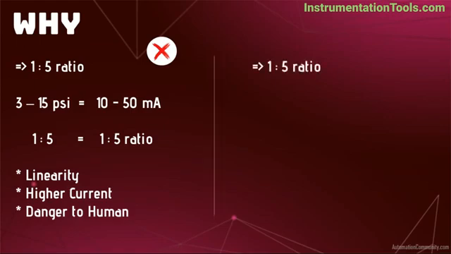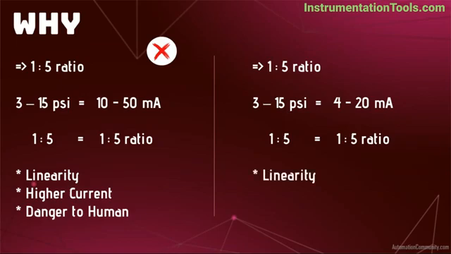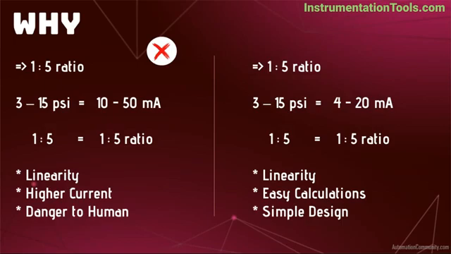Next, they had chosen 4 to 20 mA current as standard signal range. It has an advantage of ratio 1:5. 4 mA is higher than the analog transmitter minimum current. 20 mA is lower than the dangerous threshold limit of 30 mA. This range simplifies the design.